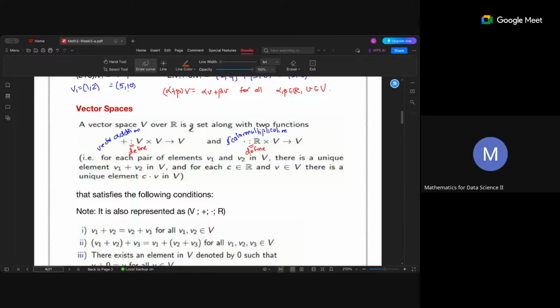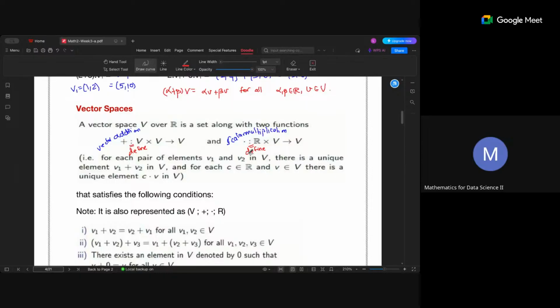But the thing is that it should be closed under addition, and whatever operation you are defining, under that operation it should be closed. Okay, so we will see some examples where it is not the usual addition and scalar multiplication just after a few slides.